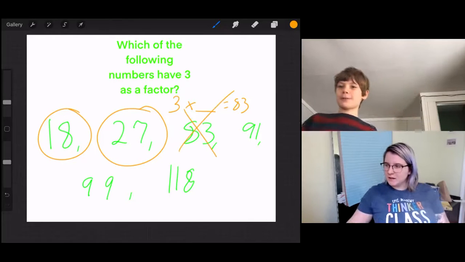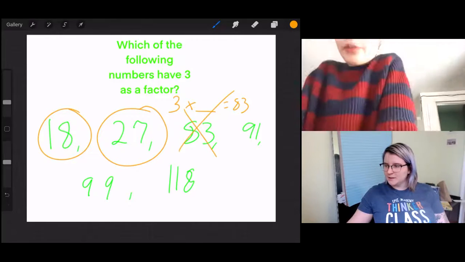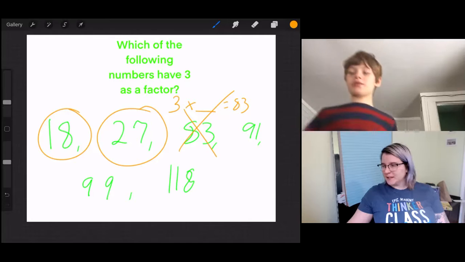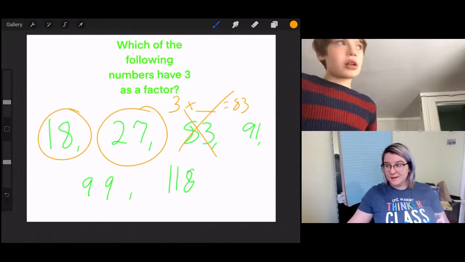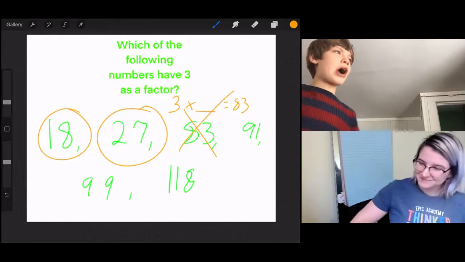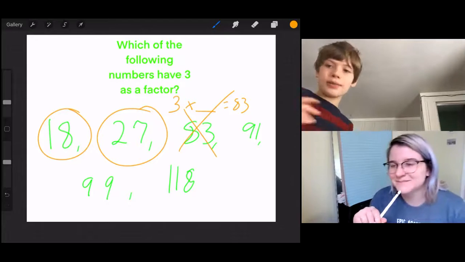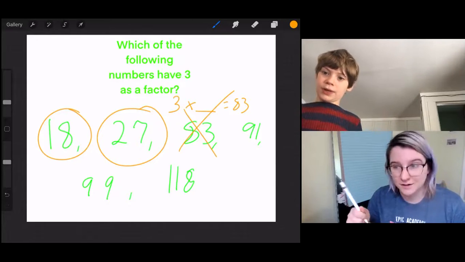How do we go about finding if 91 has 3 as a factor? Or in other words, is 91 a multiple of 3? It sounds like this should be simple. Hear me out. If 81 is a multiple of 3, then 84 is a multiple of 3. Okay, keep counting.